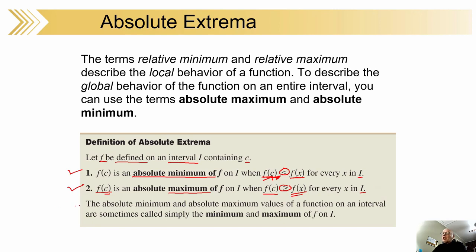Last, just a small note: if we just say minimum or maximum of that function, we're talking about absolute maximum or minimum. If we're talking about relative maximum or minimum, we always use the word relative. If we don't use a modifier like that, then we're talking about the absolute minimum and maximum.